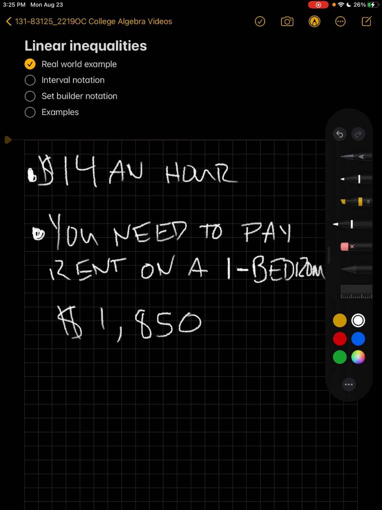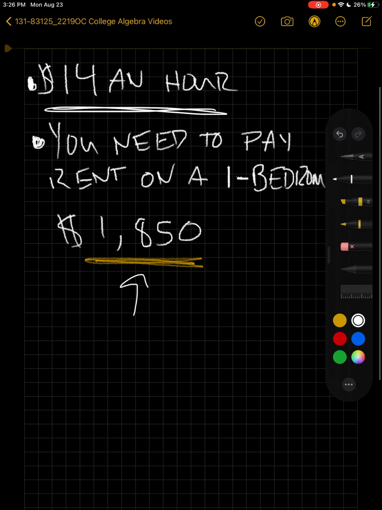So if you're paying rent, you know that you need to make at least this much money, right? You can't make less money. Your landlord's not going to like that. So what you need to do is figure out how many hours you have to work in order to get this much money. Here's a way that we can say this mathematically.